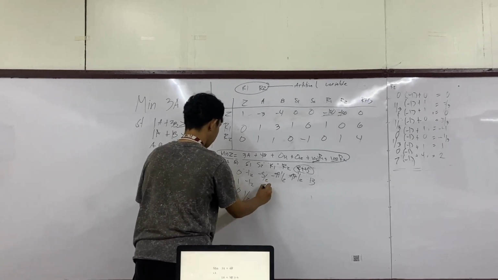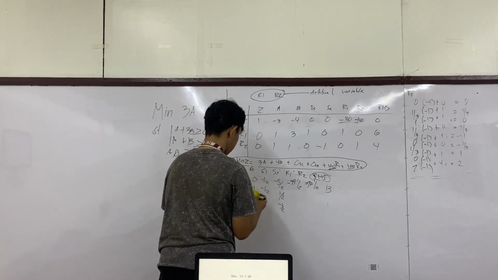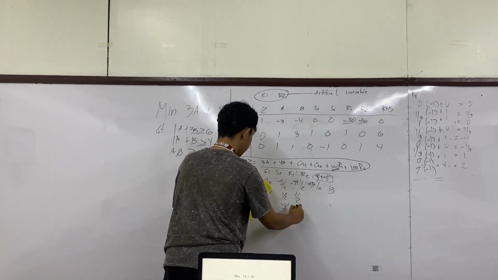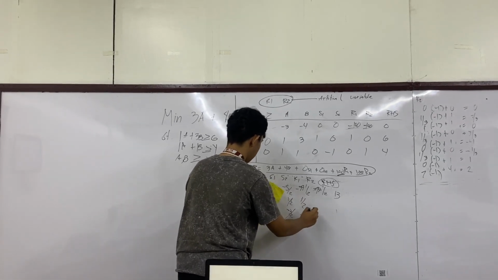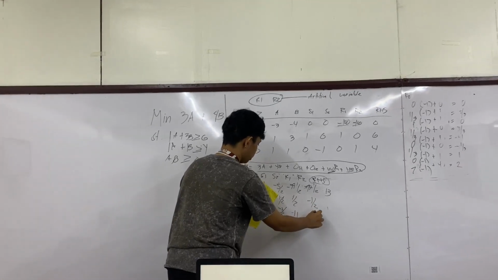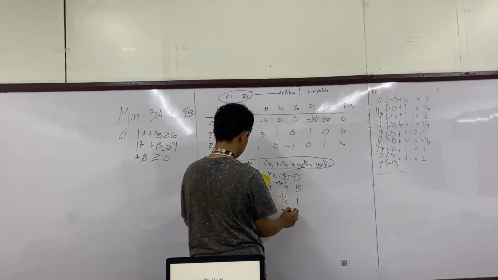Negative 1 half plus 1 half. Then here is negative 3, 2, then 1 half, then negative 1 half, then negative 1 half, then 3, 2, then last is 1 and 3.